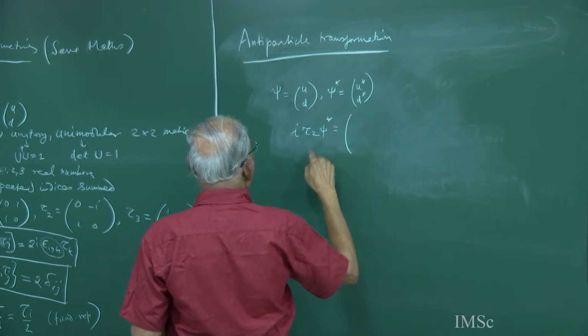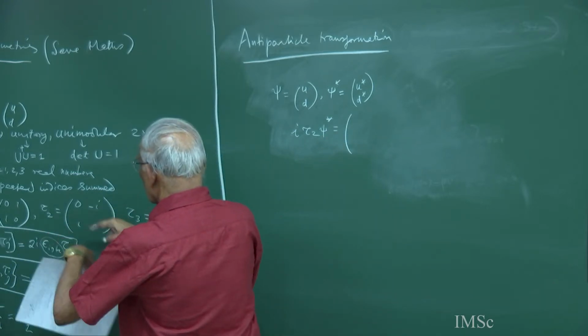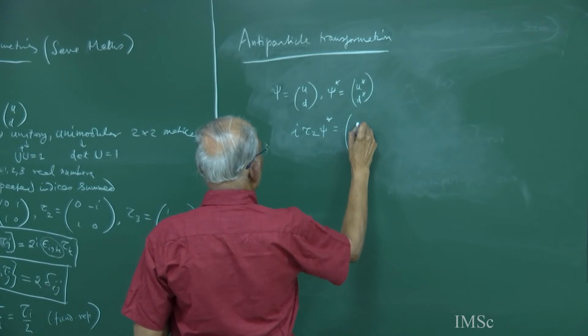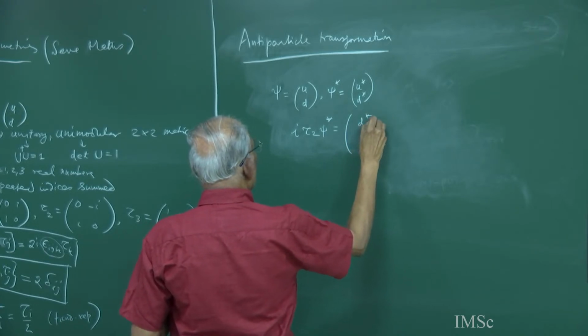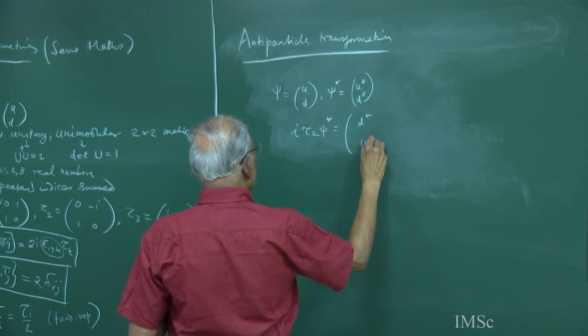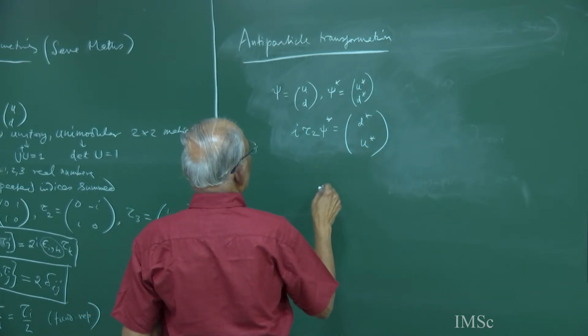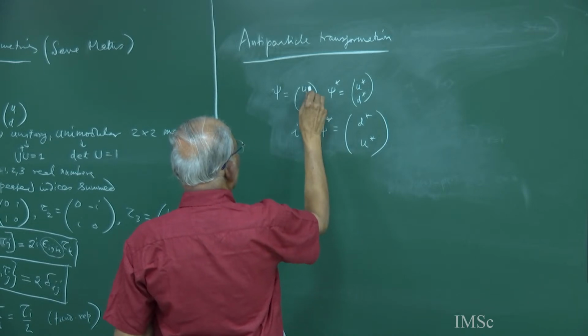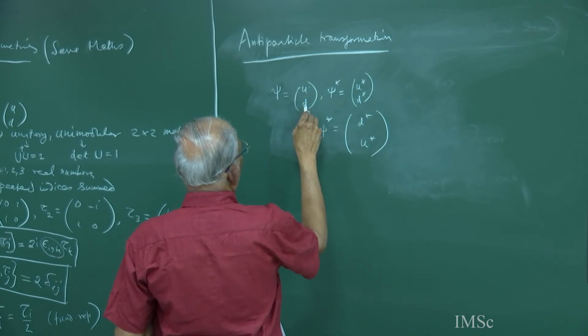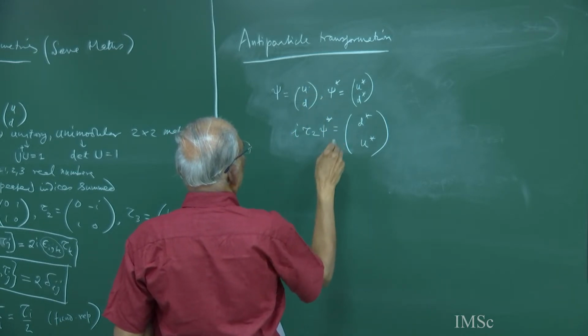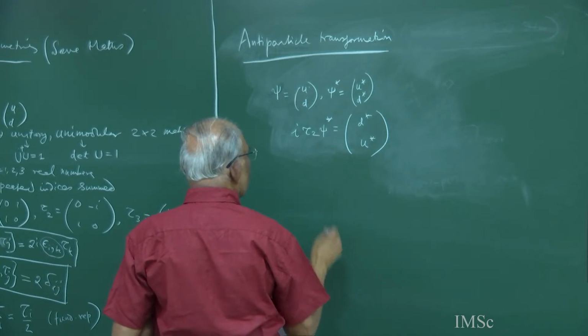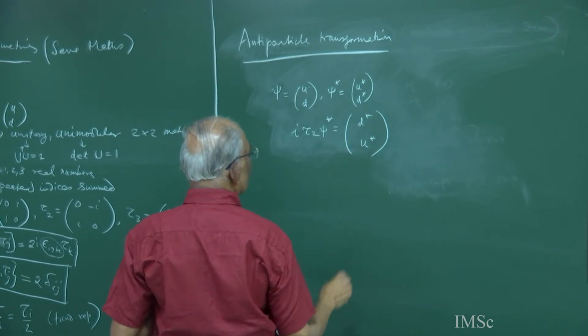So that will make it, first of all, this thing interchanges column and row. So this becomes d star, this becomes u star. That is the correct way of writing, because remember u and d have I3 equal to plus half and minus half, and for the wave function the I3 equal to plus half should be above, I3 equal to minus half should be below.